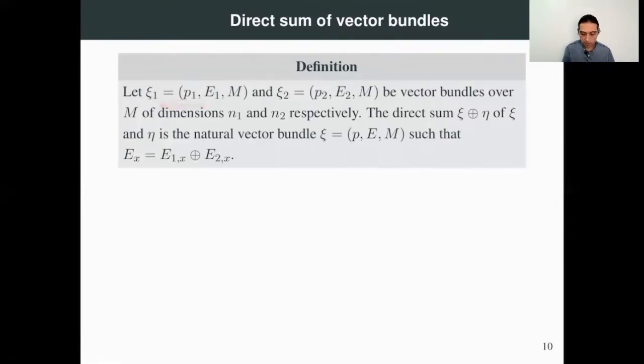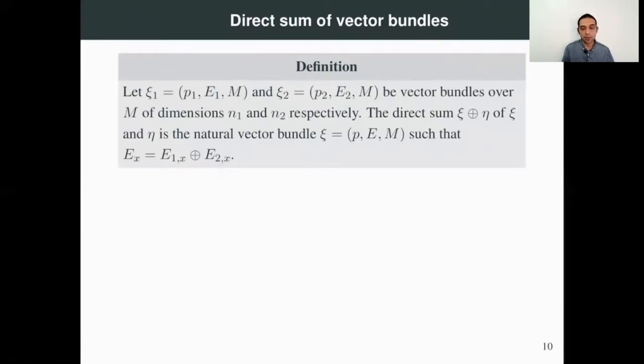Let us consider two vector bundles, psi1 and psi2, vector bundles over M of dimensions n1 and n2. And the direct sum of these two vector bundles is the natural vector bundle psi such that the fiber over a point x in M is just the direct sum of the fibers over x for the two vector bundles psi1 and psi2.